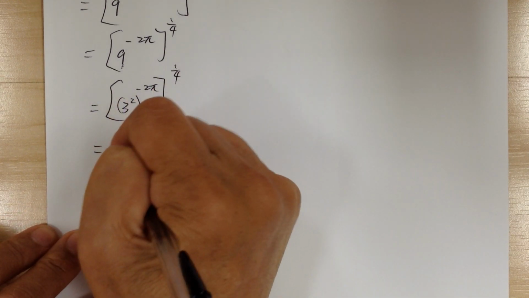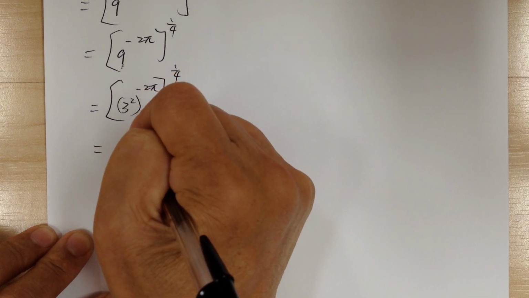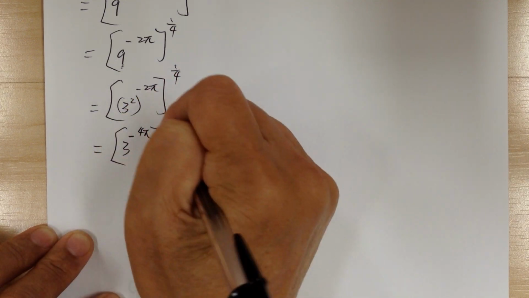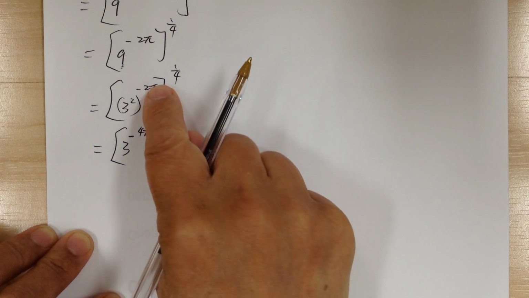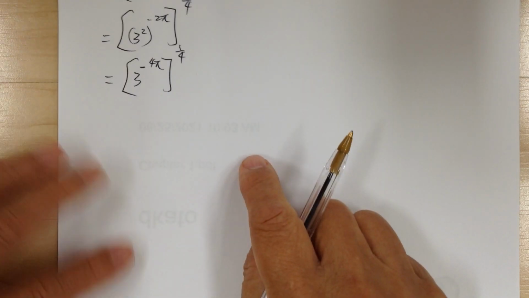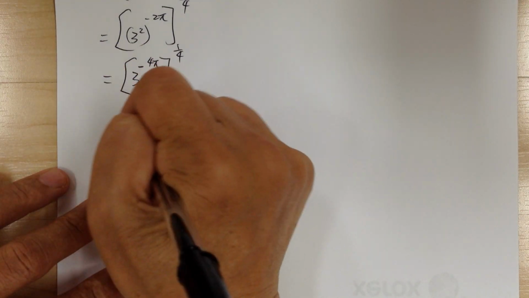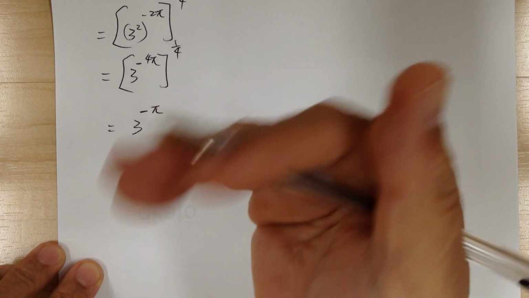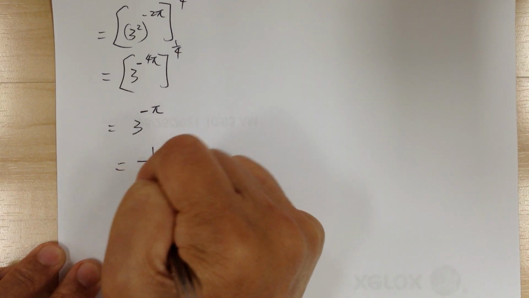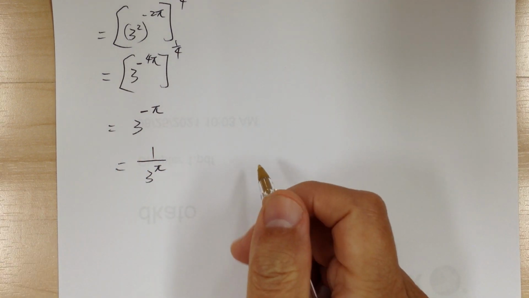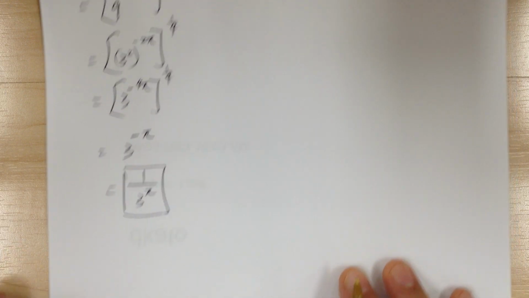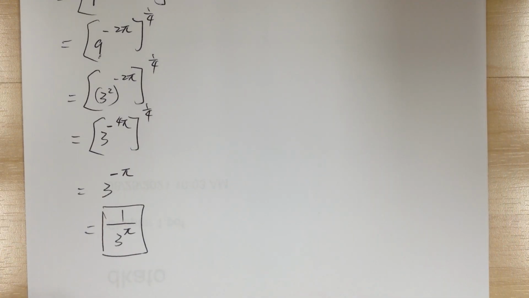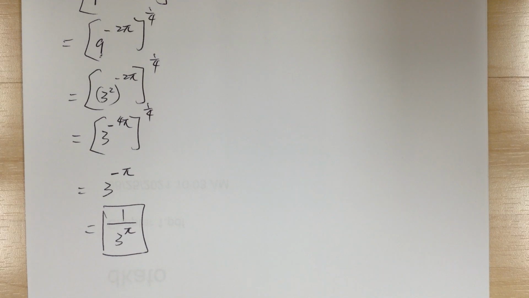So this one becomes 3 to the negative 4 pi. Multiply this together, I get minus 4 pi. Then I multiply this together, so it becomes 3 to the negative pi. And you can flip it over for your final answer, so it will be 1 over 3 to the pi. When things get complicated, you just have to slow down and do it step by step. Okay, so let's go and do the solving.